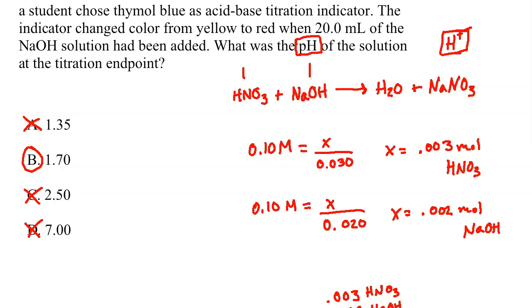And the reason for that is that the color change, which signifies your end point, was occurring long before all of the hydrogen had been used up in solution. So this was not a good indicator. A better indicator would have been something that could have dealt with a pH range at 7 or slightly above 7.